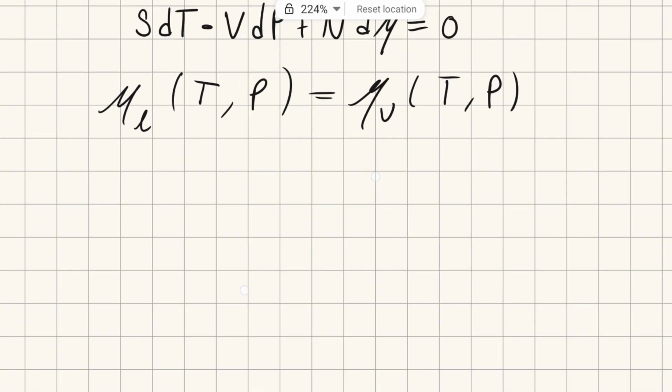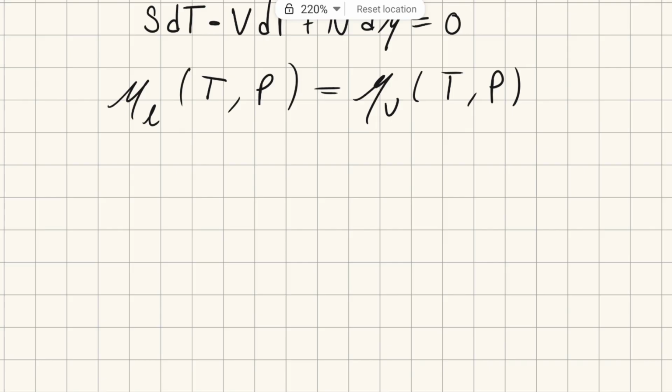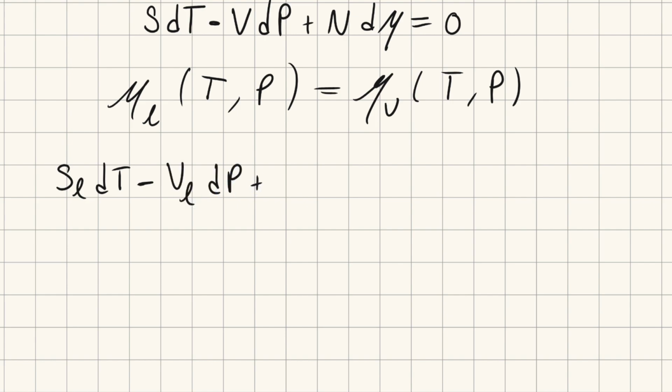So we are going to establish the two Gibbs-Duhem equations for both systems. That will be the entropy of the liquid times dT, minus the volume of the liquid times dP, plus the number of molecules of the liquid times d mu, equals 0.